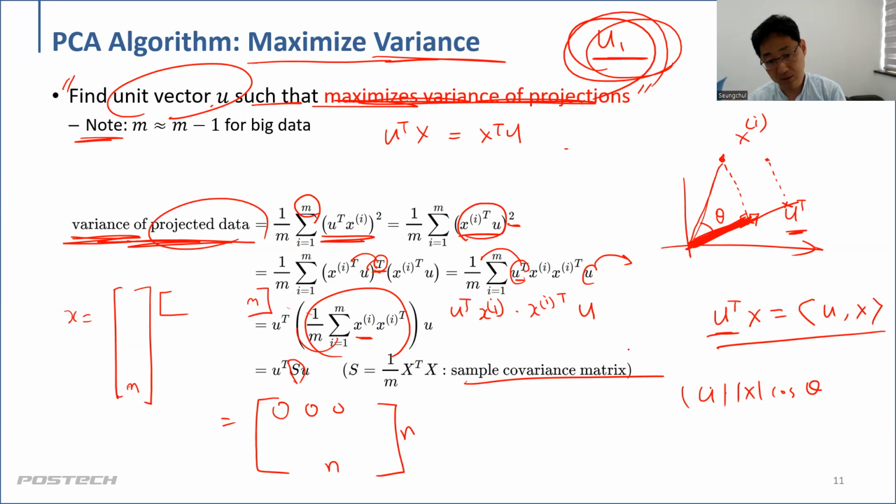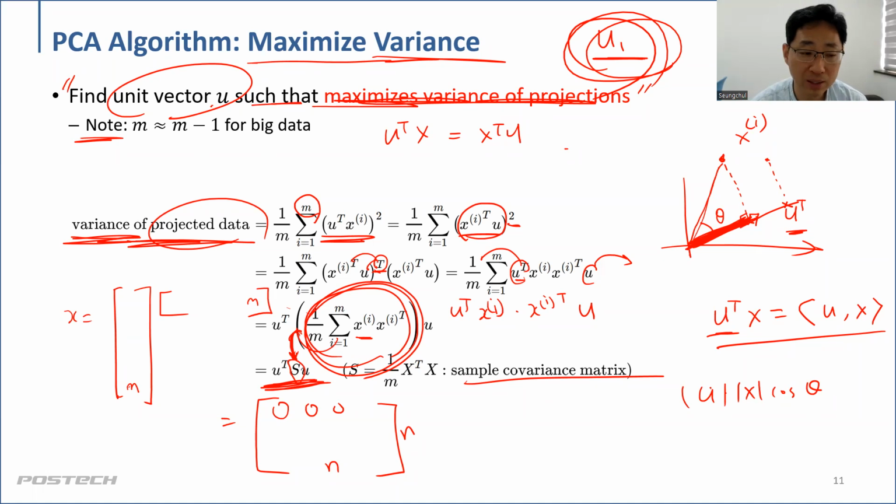It turns out it's a sample covariance matrix. Please take some moment and think about it, right now or after this class at home, to make sure you understand why this is the same as the sample covariance matrix.